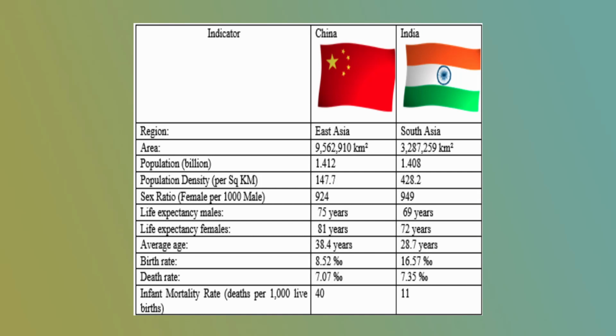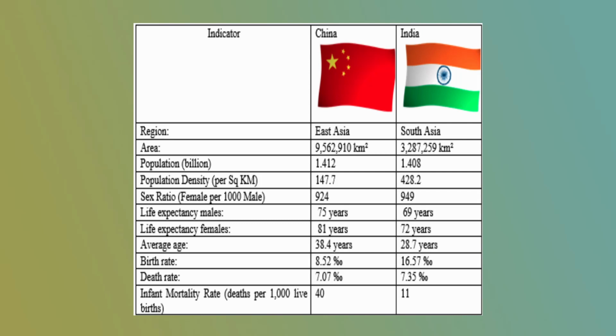There is also a significant difference between the median ages. In China, the median age is 38.4 years, quite higher compared to the median age of India, which is 28.7 years. Similarly, both birth rate and death rate are higher in India compared to China.